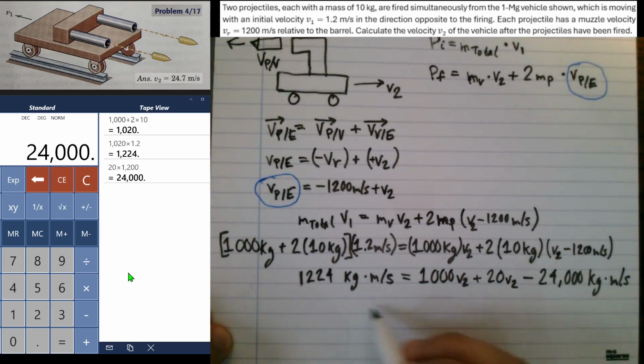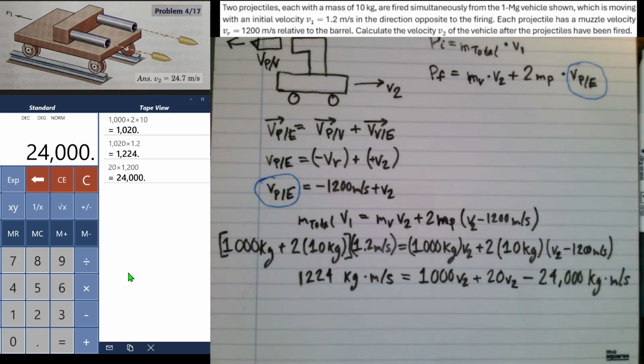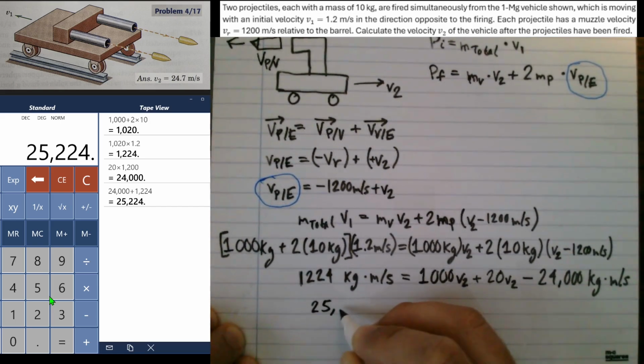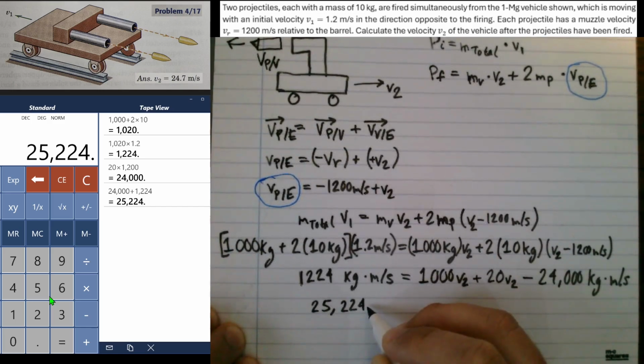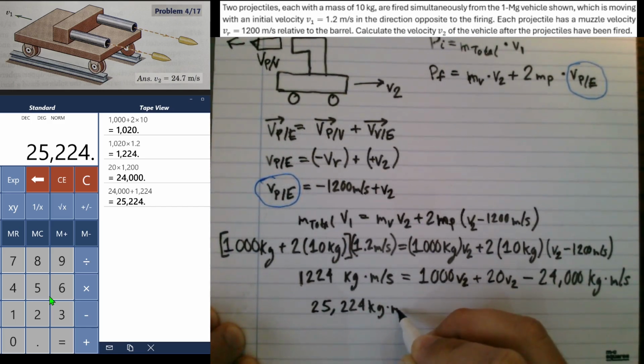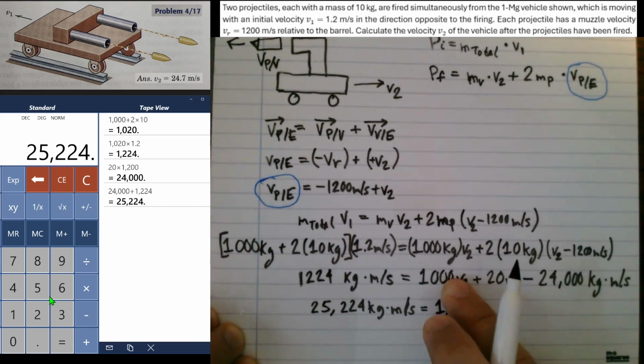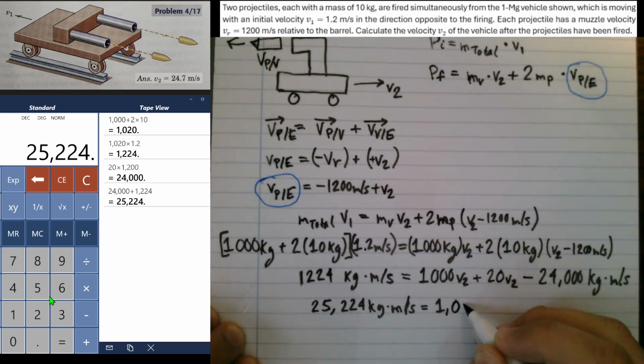So we can add this 24,000 over. We have 24,000 plus 1,224, we get 25,224 kilogram meters per second equals, combining these two, 1,020 times V2.